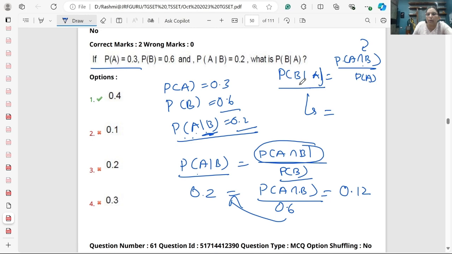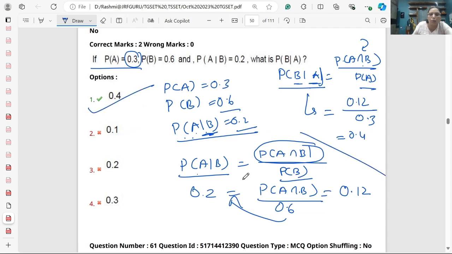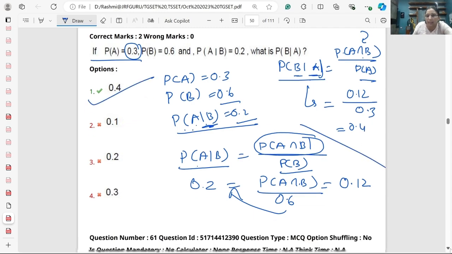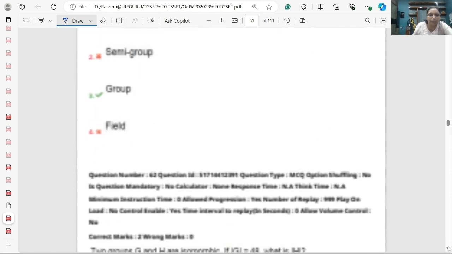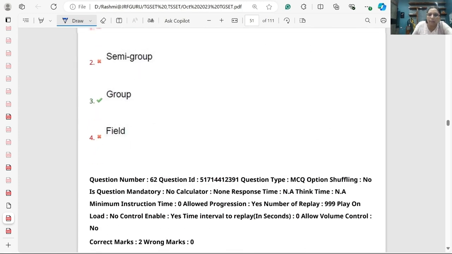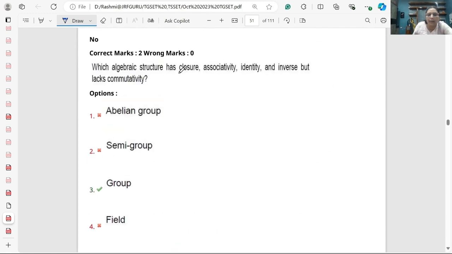So you will get probability of B when A is given by 0.12 divided by probability of A, 0.3. So it will give you 0.4. The answer is 0.4.